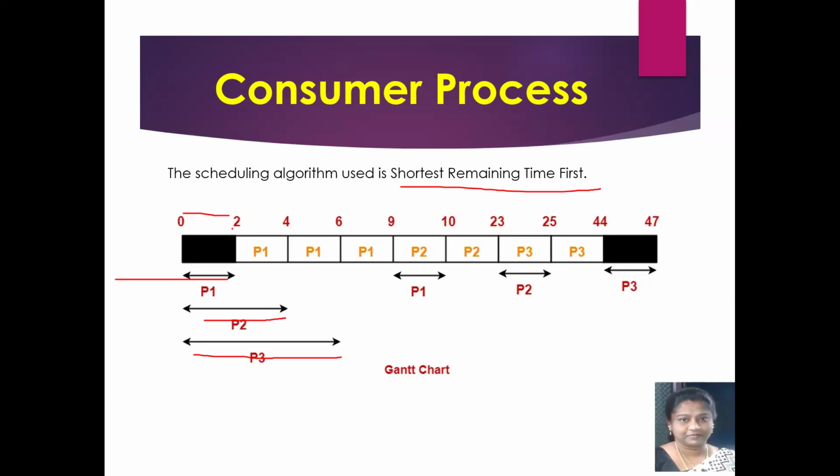Now, when time 2 comes, immediately P1 will start executing and continue its execution on the CPU.